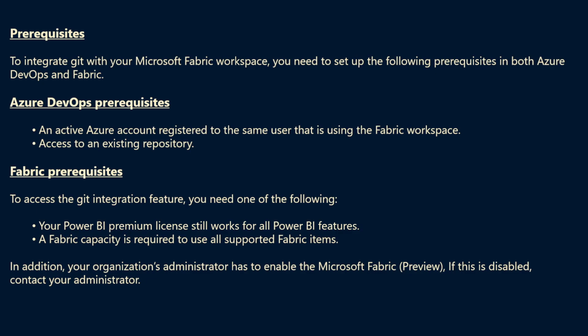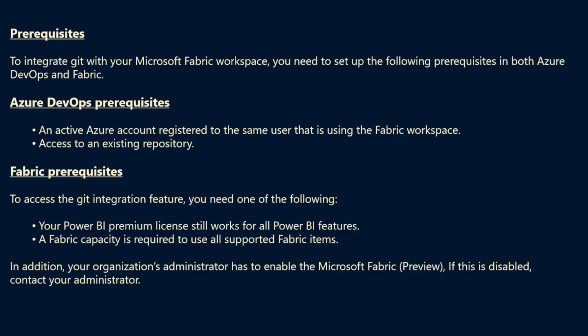At the DevOps level, what are the prerequisites that we need to focus on? An active Azure account registered to the same user that is using the Fabric workspace. So the credential through which somebody logs into the Power BI account, a similar account, he should be logging into DevOps as well.